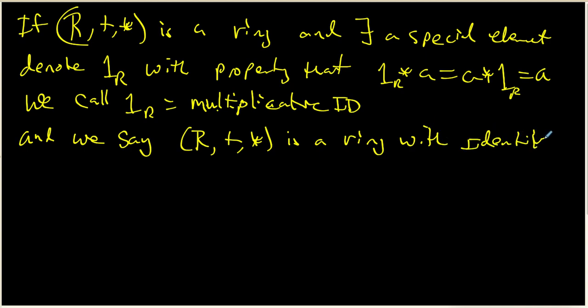All rings will have an additive identity. So the phrase ring with identity means that we have the existence of a multiplicative identity.